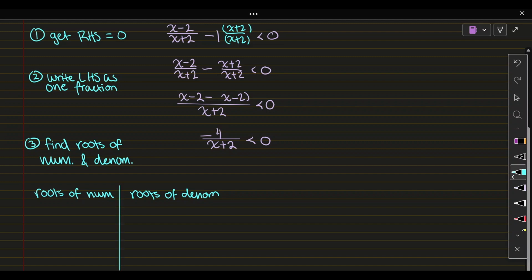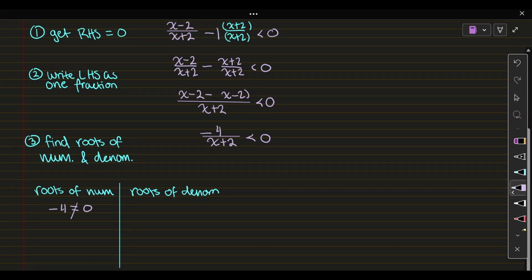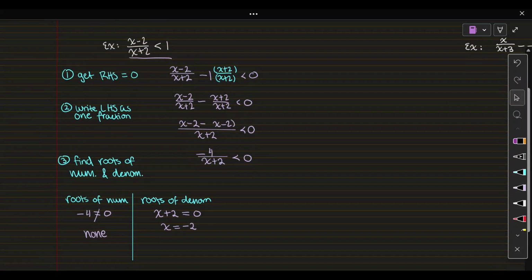For the roots of the numerator, we just set whatever is in the numerator equal to 0. So that would be negative 4 equals 0. But negative 4 is never 0, so I actually have no roots in my numerator. So I can write none. For the roots of my denominator, I set whatever's in my denominator equal to 0. In this case, that's x plus 2 equals 0. So x equals negative 2 is a root of my denominator.